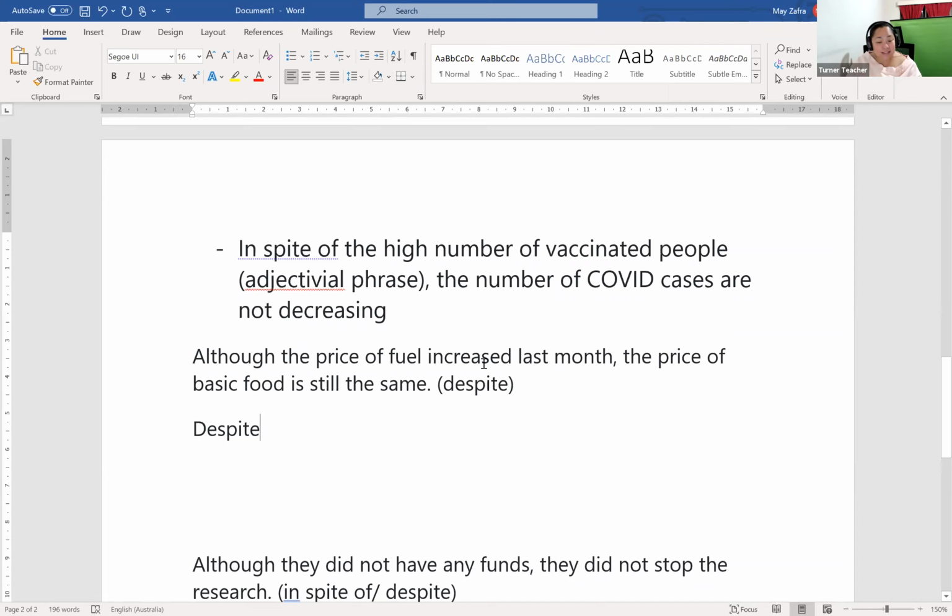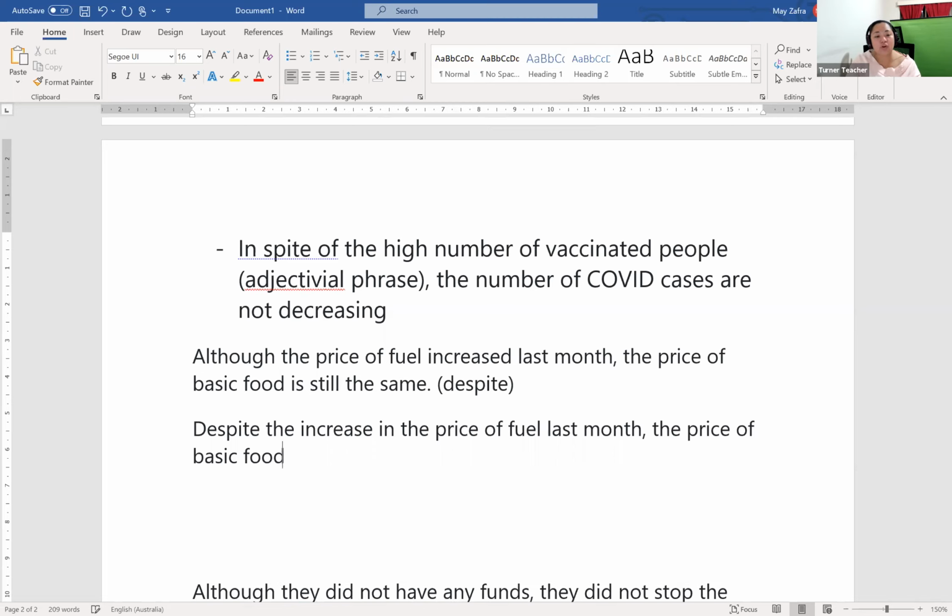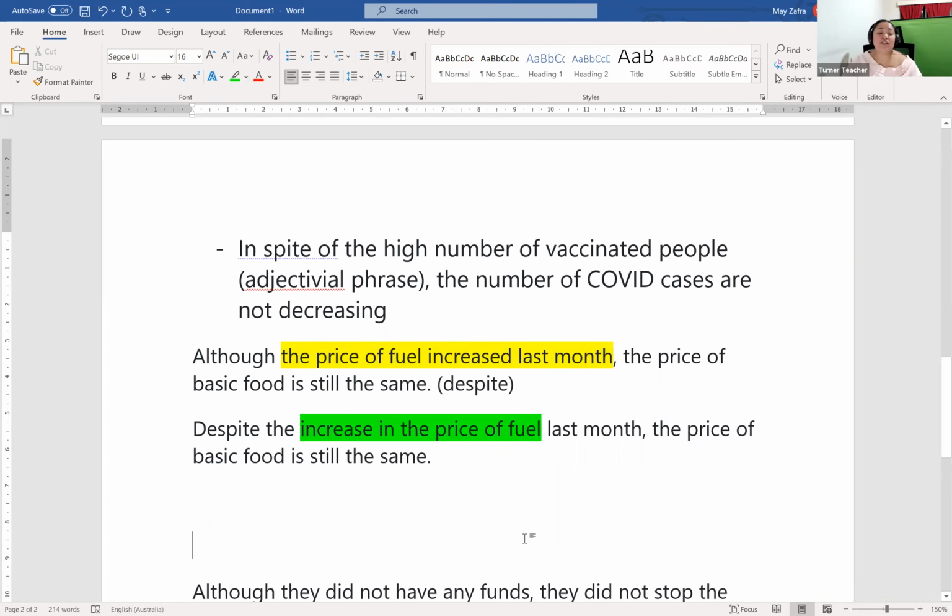So we might say, despite the increase in the price of fuel last month, the price of basic food is still the same. So you can see the price of fuel increased, and this one is the increase in the price of fuel. Can you see the difference?